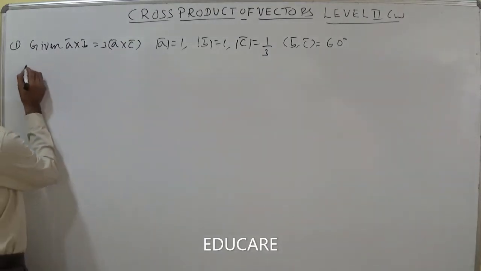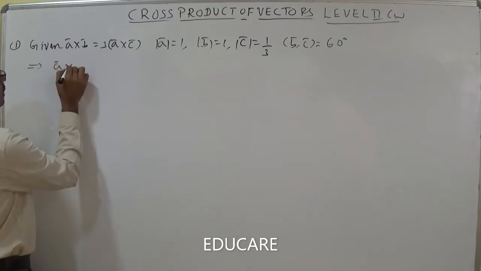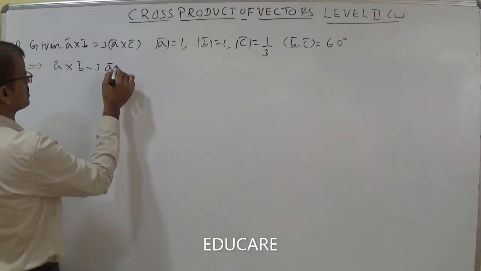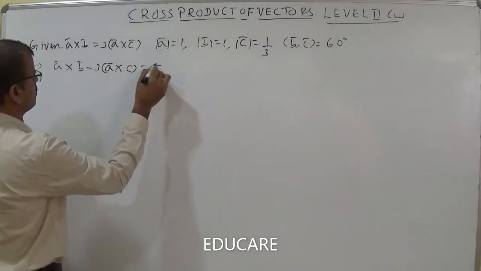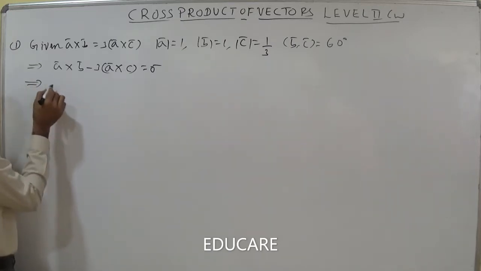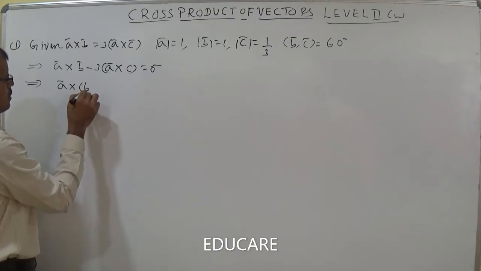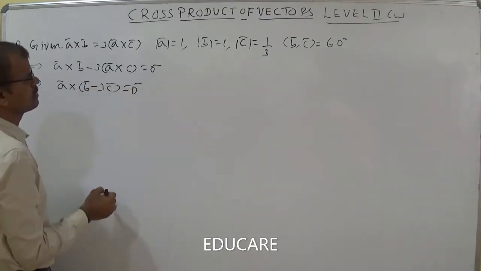A cross B is equal to 3 into A cross C is given. So let us write A cross B minus 3 into A cross C is equal to 0 bar. It is a null vector. If we take A bar common, you can write A bar cross (B bar minus 3C bar) equal to 0 bar.